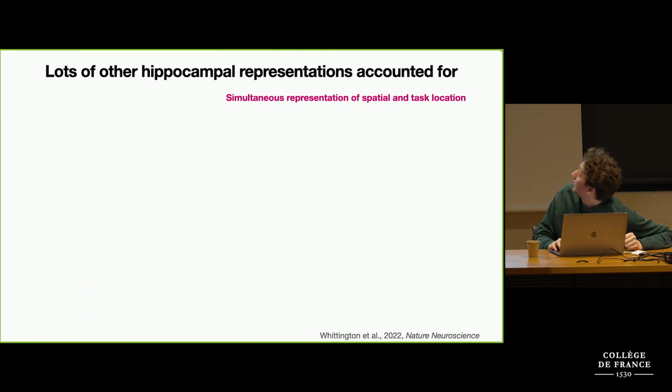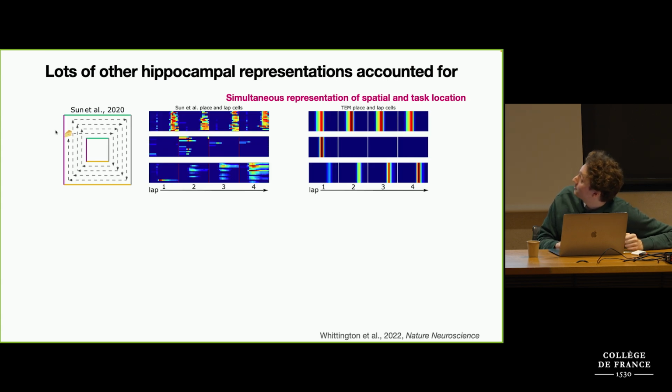Okay. Here's another quite fun task. So here's one where the animals need to just run in laps. So it just runs laps over and over again. But something interesting, where this animal only receives a reward every 4 laps. So it goes lap, lap, lap, lap, reward, lap, lap, lap, lap, reward, and so on.